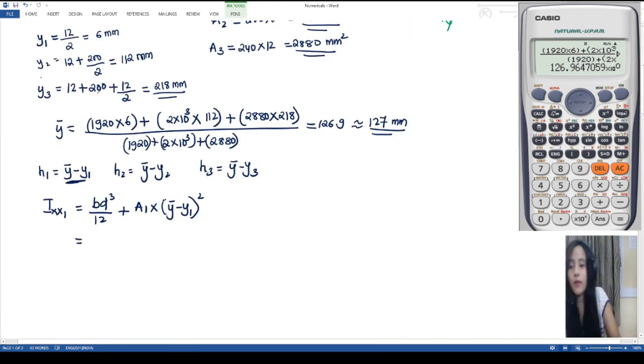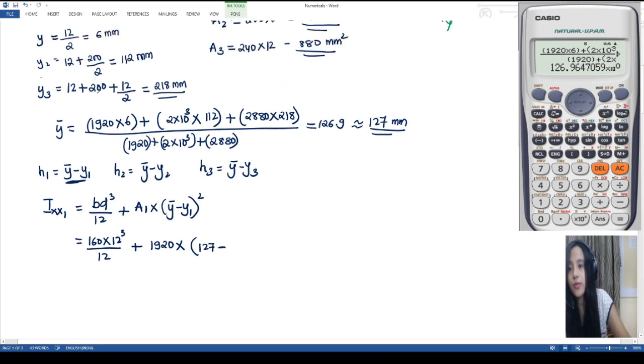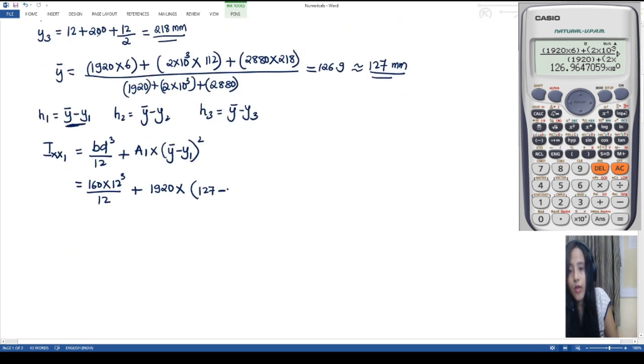So b is 160 and depth is 12 cube by 12 plus area 1, which was 1920, into y bar, which was 127, minus y1, which was 6, a whole square.